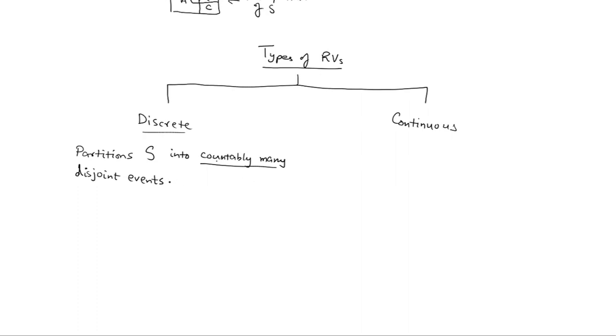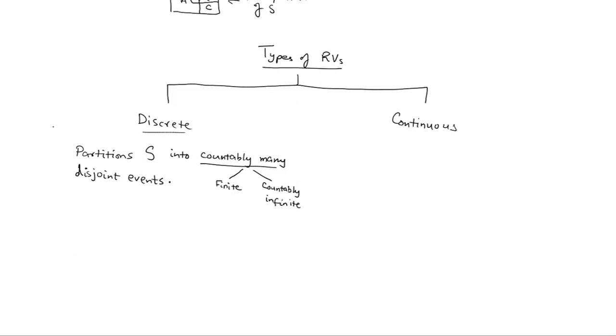And when we say countably many, this can contain 2 categories. Either the disjoint events are finite, or if they are infinite, then they are at least countably infinite.